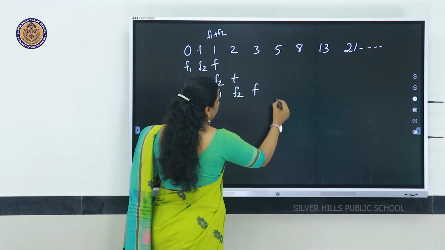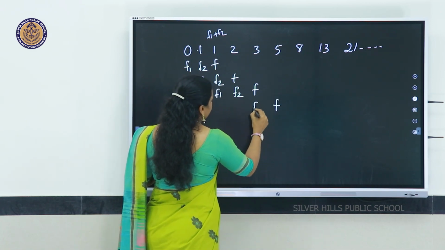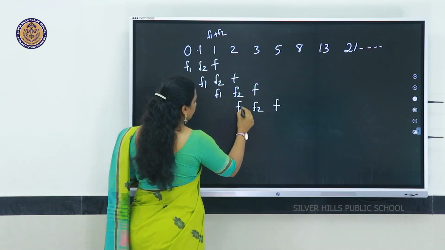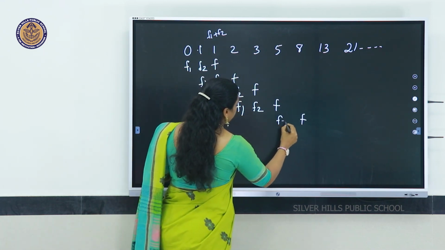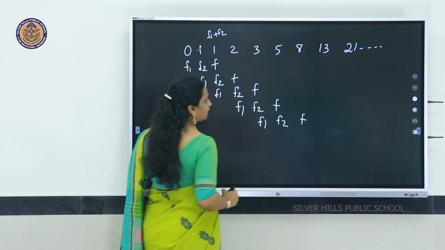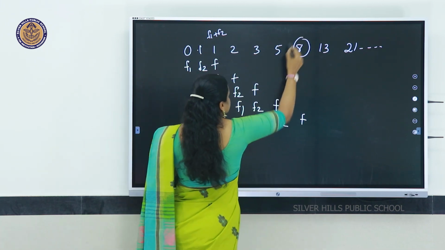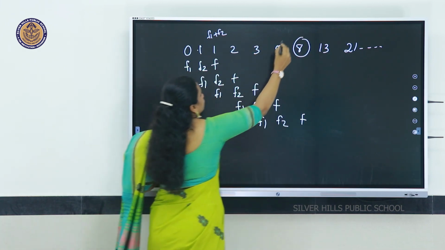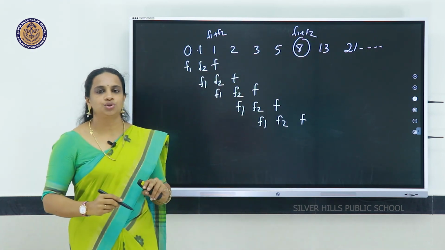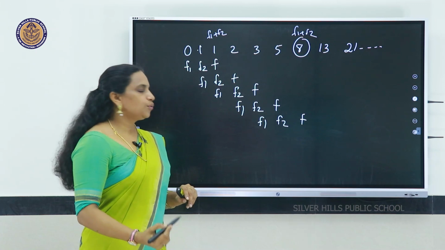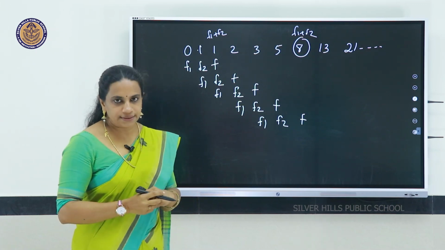Next time 5 will become F, this will become F2 and this will become F1. Just to see, 8 is the sum of F1 plus F2, that is 3 plus 5 is equal to 8. This way you can generate Fibonacci numbers.